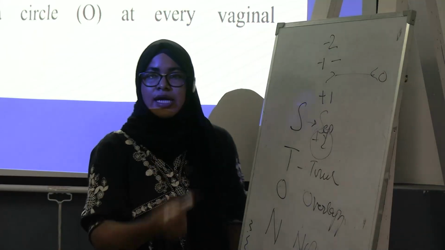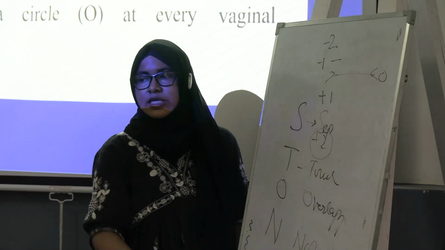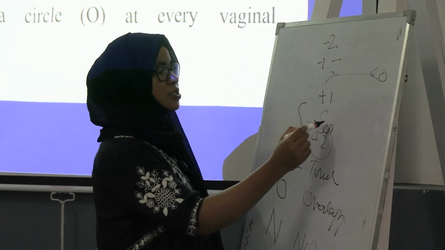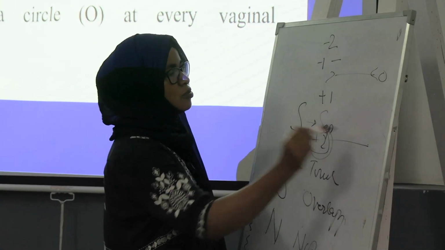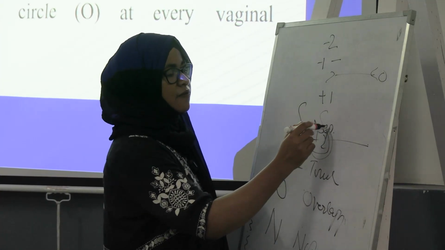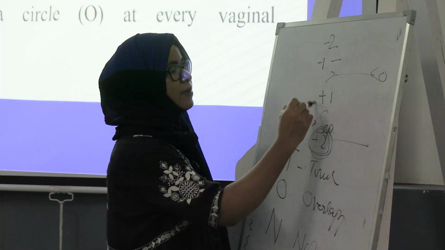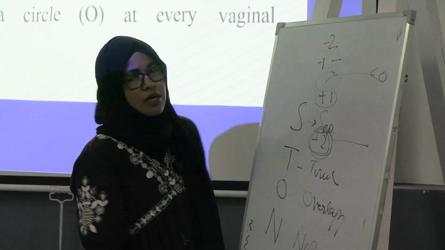Around +2 it is in the introitus only. What we call crowning is in the introitus, +2. Normally +2 is in the introitus only, which means it will be delivered. But if it is stuck at +1 or 0, that means it has not descended properly.